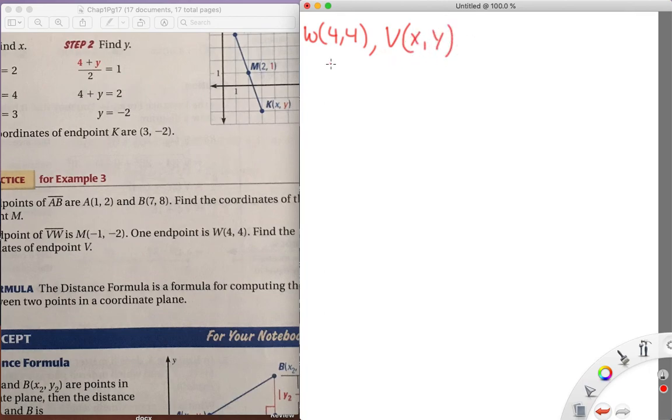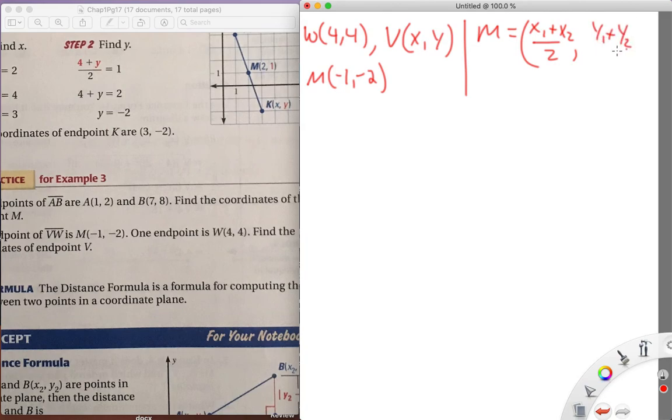And they give me the midpoint, and the midpoint is -1 and -2. Again, the midpoint formula is midpoint is equal to x1 plus x2 over 2, and y1 plus y2 over 2.